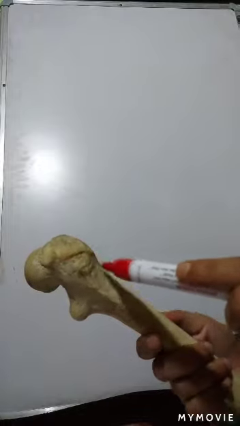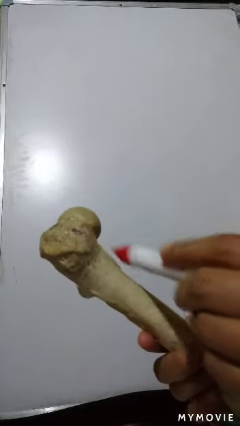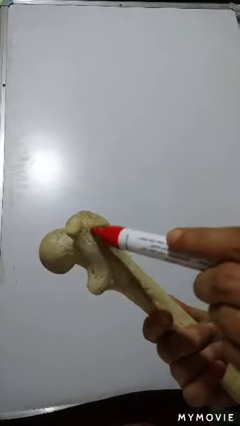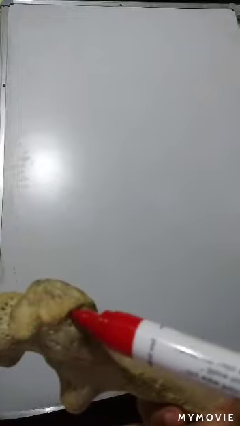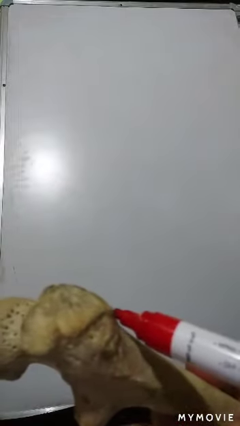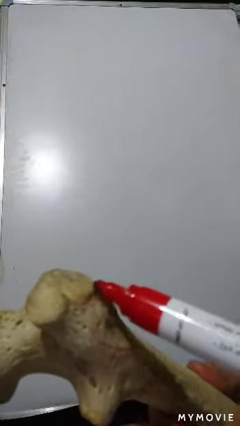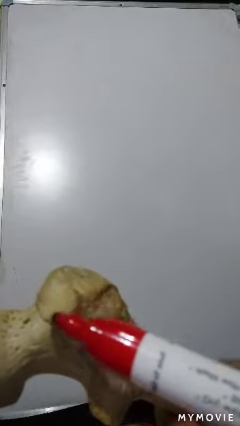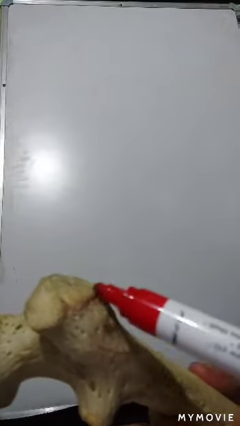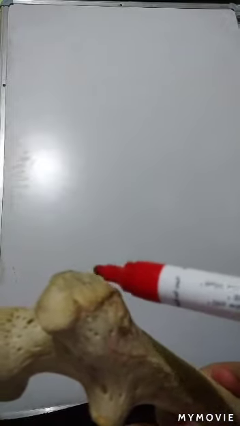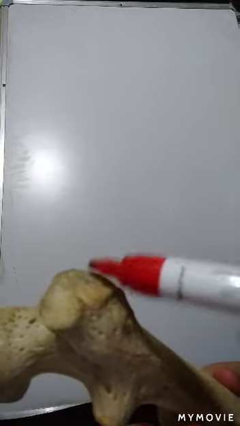Now the lateral surface of the greater trochanter. It has a ridge which runs downwards and forwards. The ridge is meant for the attachment of gluteus medius. The area anterior to the ridge is covered by gluteus medius.